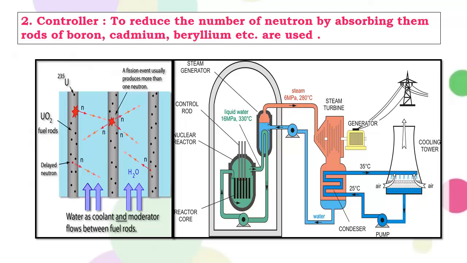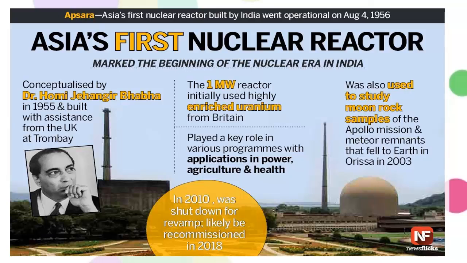In this way, the heat produced is taken out using water as coolant. Water is transformed into steam, turbines are driven by this steam, and electricity is generated. You know that India has a very large reservoir of thorium, and thorium can also be used as a nuclear fuel.